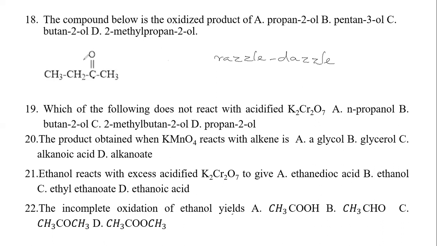Now question number 18, by the grace of God. Question number 18: the compound below is the oxidized product of what? Now, when you look at this compound, you will know that it is related to an alkanol because it has a C double bond O here, in between this carbon. Maybe it is a methyl and this is an ethyl.